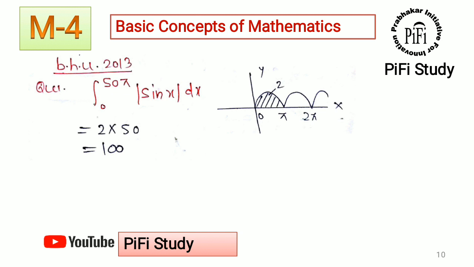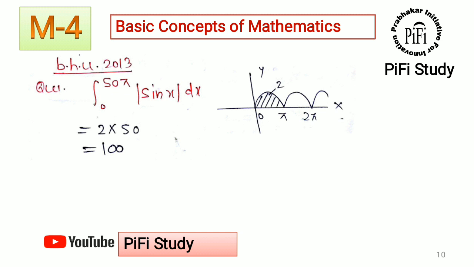So first you have to plot y is equal to mod sin x, as I have told in the previous slide. Then, in module 3 I have told you how to calculate the area for 0 to pi.